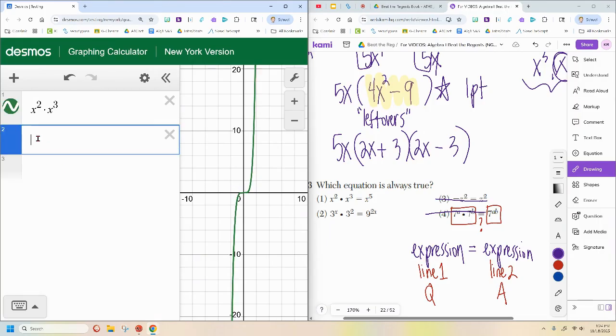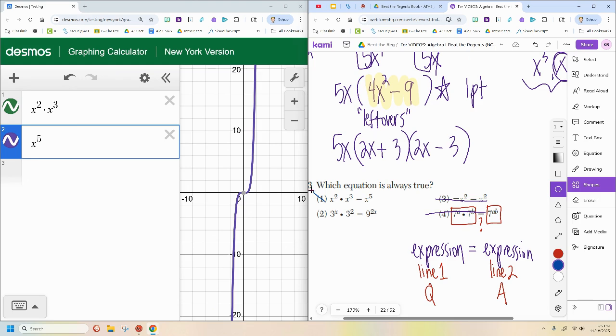I'm going to go down here and put in x to the 5th. And there it is. I turn off the purple. There's the green. I turn on the purple. It's right on top. This one is the correct answer. It's always true. So this one is the correct answer. Choice 1. We're good to go there. Let me grab that eraser and get rid of that little guy right there. There he is. That is correct.